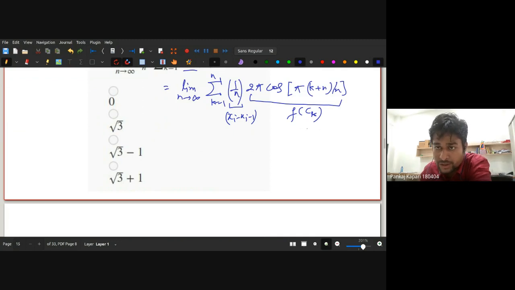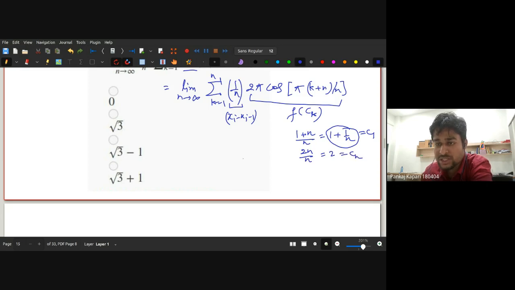But here we have to find out what our interval is. So let's put k equal to 1. Then you are getting 1 plus n divided by n, which is just 1 plus 1 by n. That means this is our first point, which was c_1. And if you put k equal to n, then we are getting 2n divided by n, that is 2.